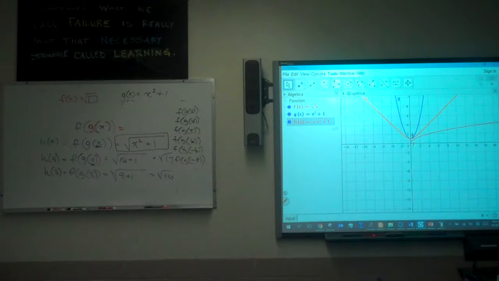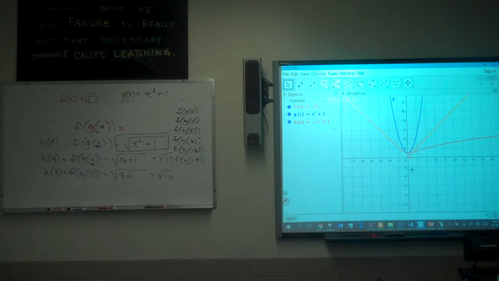If we did that 3, okay, so 3, plug that in first, and it spits back the 10 that you get right there, correct? You take that 10, and you run it through this function, you get radical 10, correct?